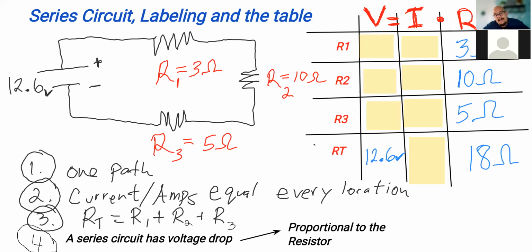I'm missing 2 out of the 3. If I look at row 3, I'm also missing 2 out of the 3. But guess what? At the bottom, I have only one missing part. I know what voltage is. I know what resistance is. So I'm only missing current.